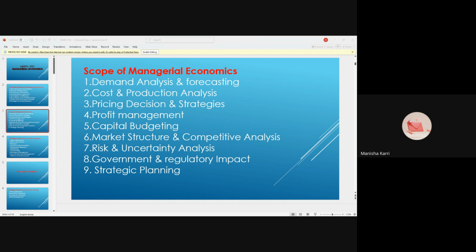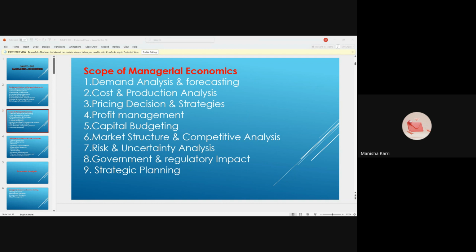So what do demand analysis and forecasting mean? As I mentioned in the introduction, it is one of the elements in managerial economics to make better decisions. By understanding and predicting consumer demand, we make informed decisions about production, pricing, and marketing strategies.